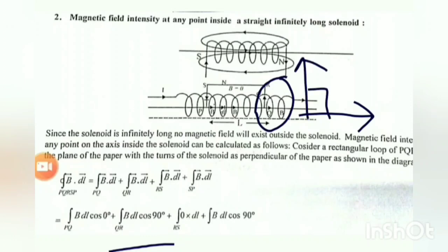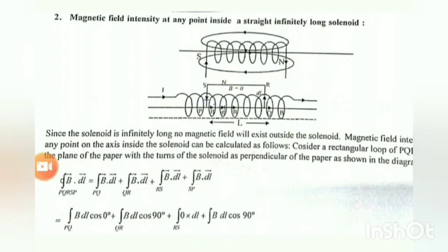That's why the angle becomes 90 degree. So we write cos 90 here. Now RS, B dl. RS is this side. This side lies outside the solenoid, so the magnetic field B becomes 0 here. This term vanishes as no magnetic field exists along the arm RS.